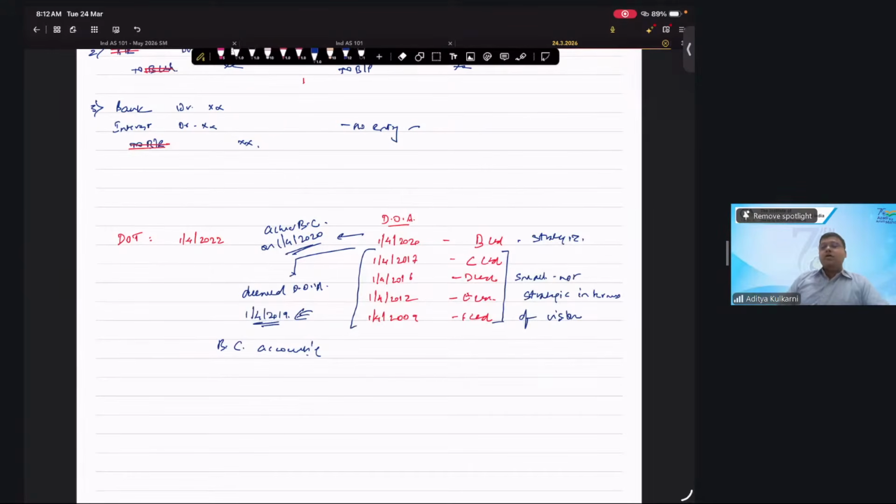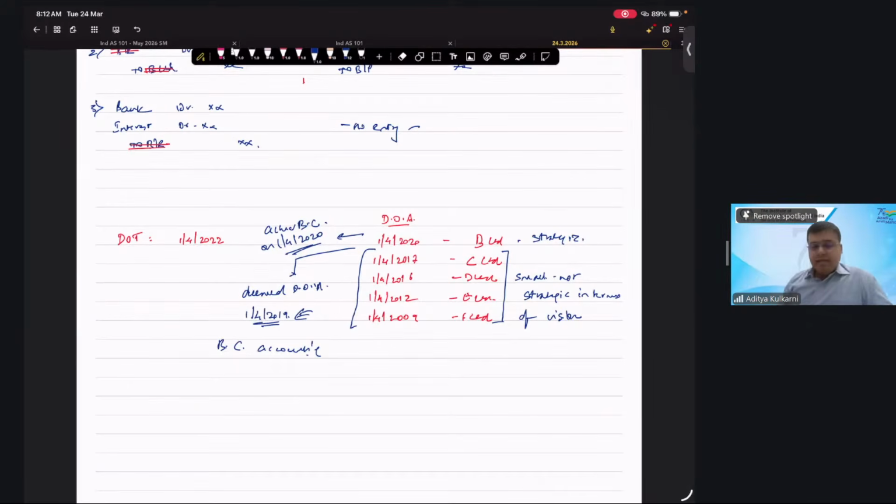All these things you will do on 1st April 2020, and the difference between consideration and net assets is basically the goodwill. The goodwill represents the goodwill which will appear at fair value on the date of acquisition of 1st April 2020. Are you able to understand? Yes, sir. That is the intention behind this.